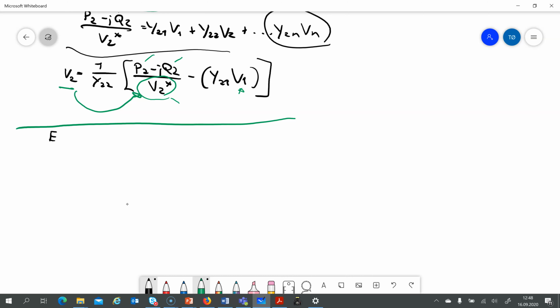So, example, let's draw a system. Like this.